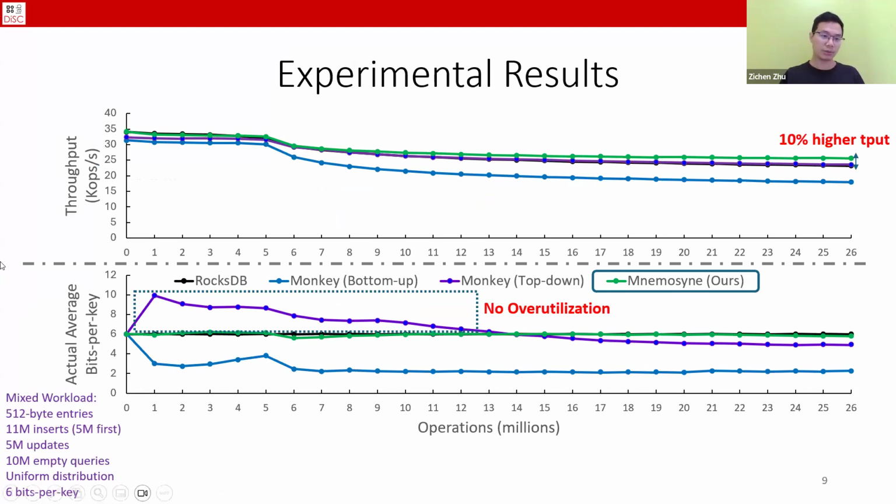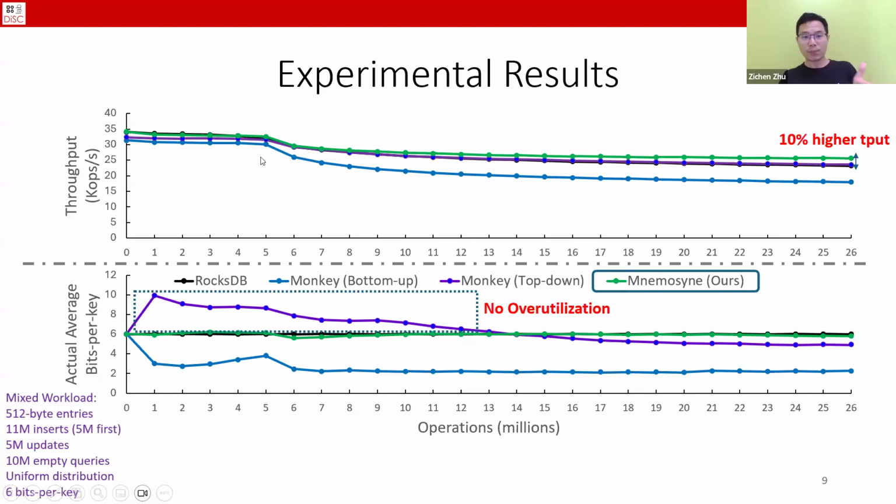The upper figure shows the runtime throughput, and the lower figure shows the actual average bits per key. The green line represents our method, Mnemosyne. And as we can see, in the first 5 million operations, which are all inserts, there is not much difference between our method and all other baselines.